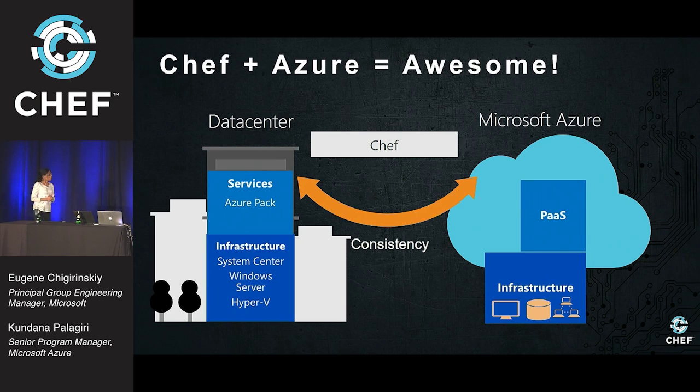And when you start using Chef on Azure, you write your recipes or tools. The goal is to provide a consistent experience, whether you're doing it on-prem or cloud. With that overview, I want to take a step down to see how we have integrated Chef in Azure today.